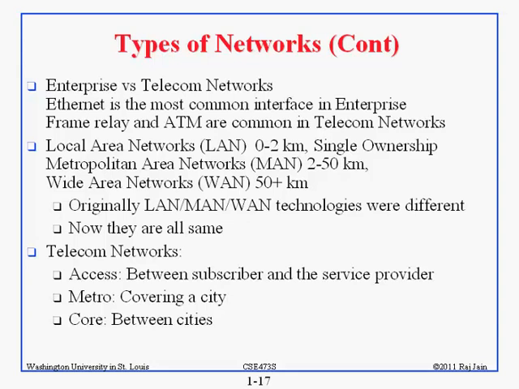Alright, so let me go back to the last point. The telecom networks can be of three types: access, metro, and core. Access is the part of the telecom network that goes to the user, to the homes, to the offices. So the telephone company wire, the AT&T wire that goes from their switching office to your home, is the access network.